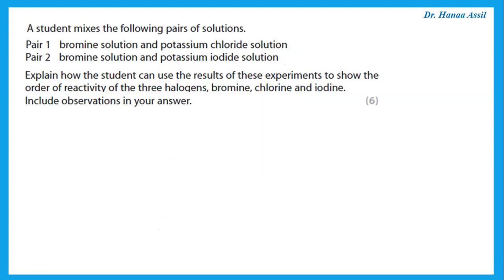This is a typical question, 6 marks, where the question says a student mixes the following pairs of solutions: bromine solution, potassium chloride solution. Bromine solution and potassium iodide solution. Now explain how the student can use the results to show the order of reactivity of the 3 halogens.